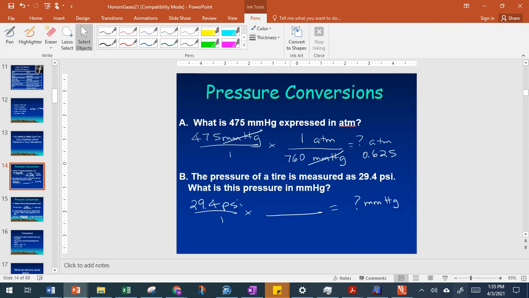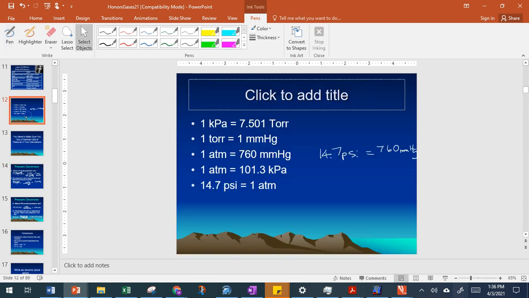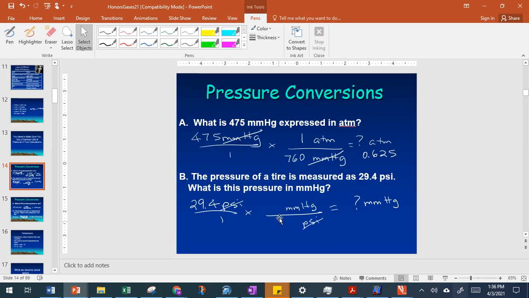We see that PSI has to be in the denominator for those to cancel out, and millimeters of mercury has to be in the numerator. So we know from this that 14.7 goes to PSI and 760 goes to millimeters of mercury.